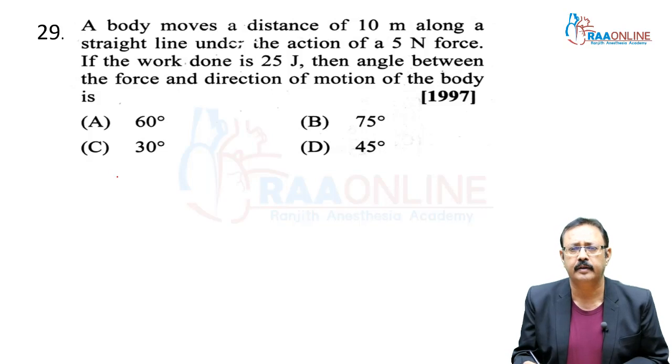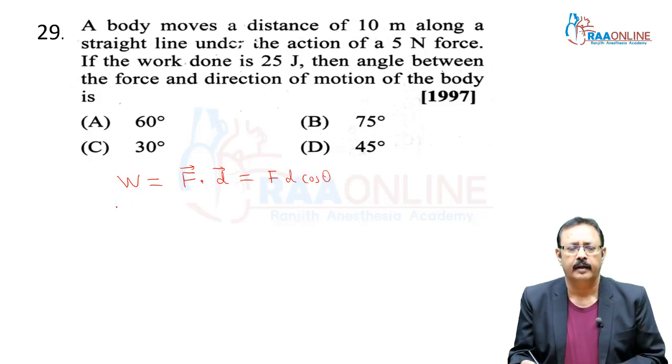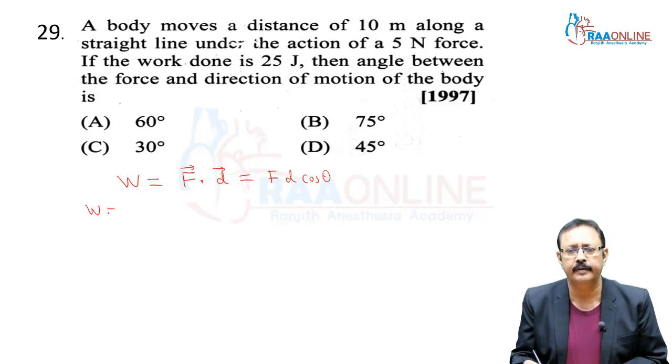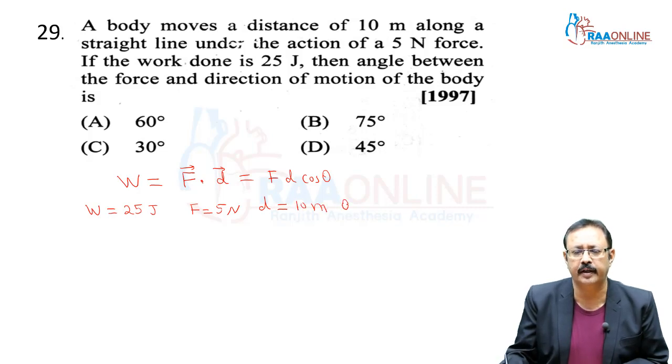We know that the work done, the actual formula in vector form, is F dot D, which means FD cos theta. W is given as 25 joule, F is given as 5 Newton, D is given as 10 meter. Only theta we have to calculate.